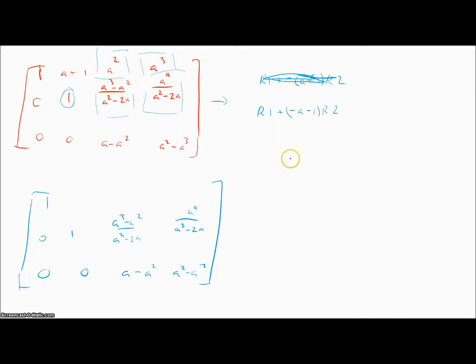Now I got the next entry, so off to the side would be a plus 1 plus a minus 1, negative a minus 1 times a plus 1.